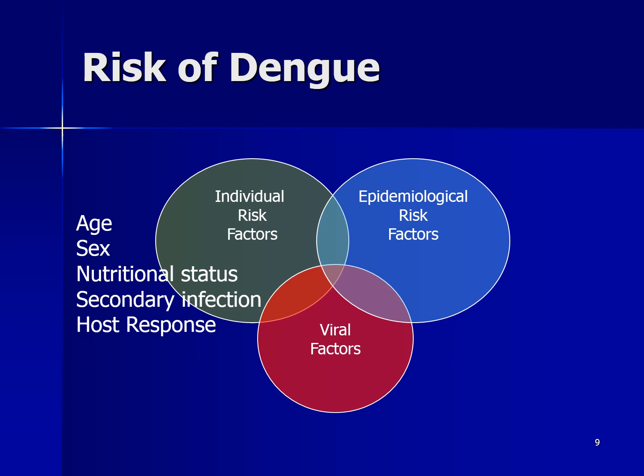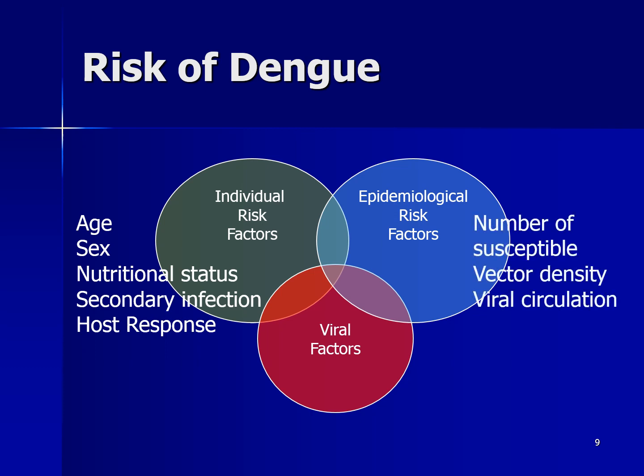But if that person gets infected by, say, dengue viral serotype 2, then he or she is more likely to develop severe dengue. The host response again depends upon the immune status of the person, and the primary infection does provide immunity to that person.